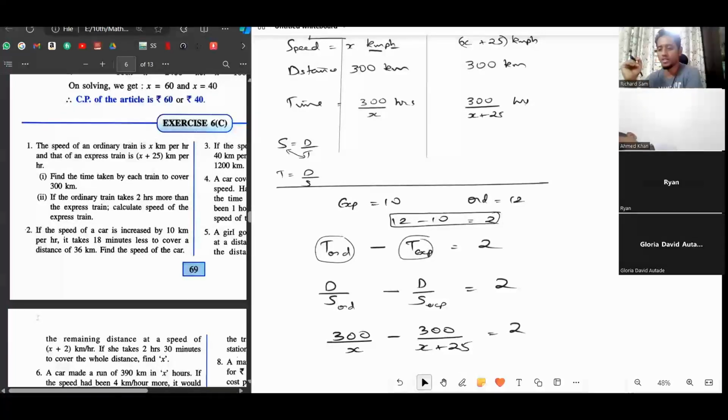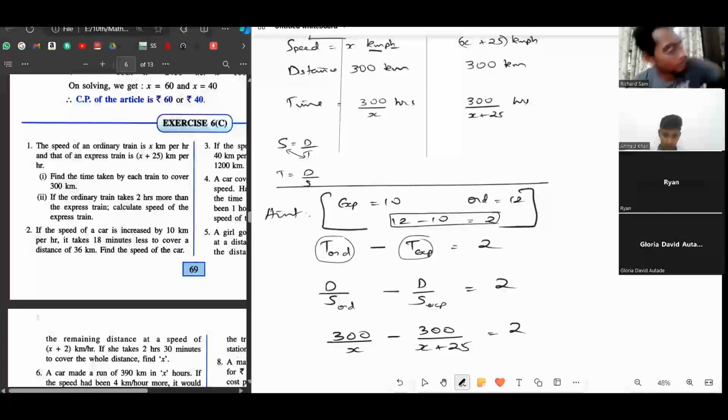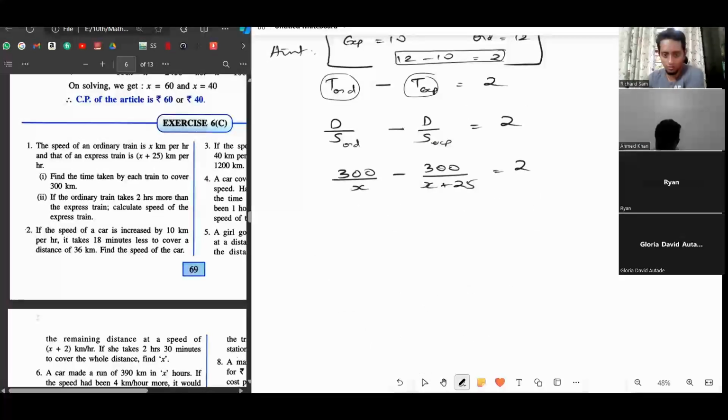You solve this equation, you will get the value of x. Do. Yeah, I'm solving it on the screen if you didn't get it.